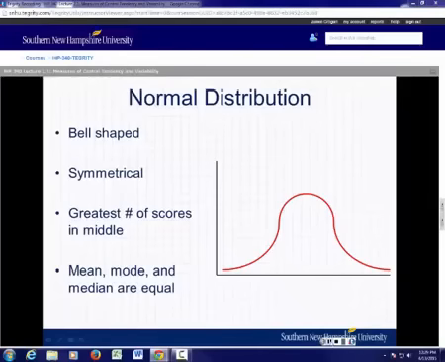It is symmetrical, meaning if you folded this normal curve with a vertical fold, the right and left sides would be the same. The scores cluster in the middle and are fewer on either side. And finally, the three measures of central tendency, the mean, the mode, and the median, are equal. They are the same number.